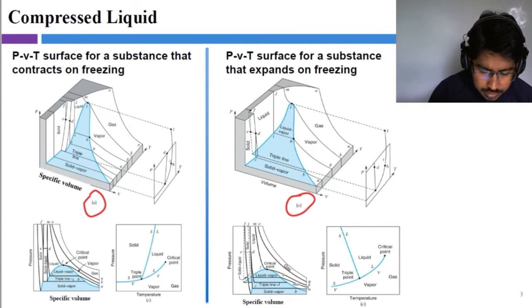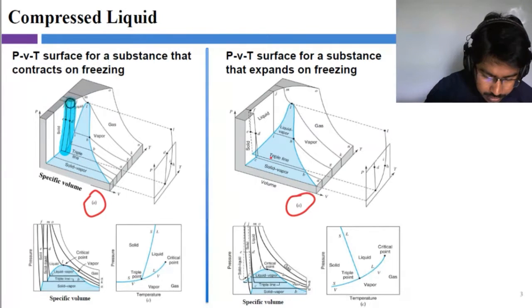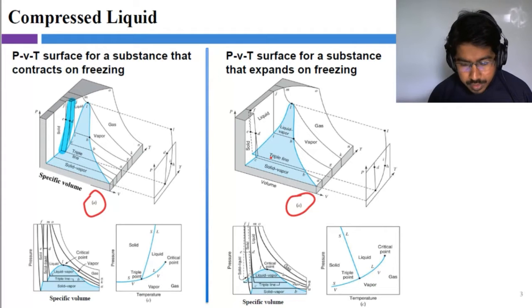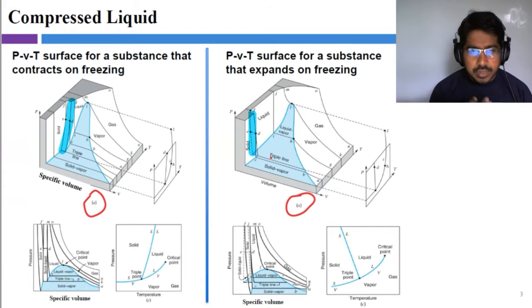If you look at the liquid-solid region here, it is like this. We cannot see the surface because when we are changing to solid from liquid, it comes to the right, and in figure A, when we are moving from liquid to solid, it moves to the left. So basically the substance shown in figure A, the PVT surface is for a substance that contracts on freezing.